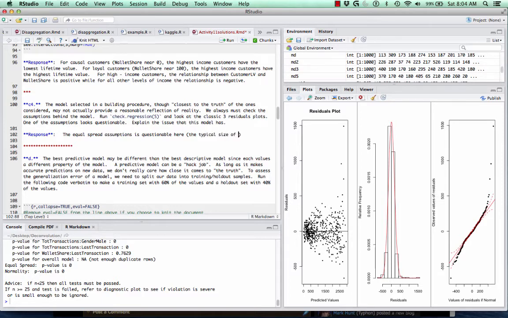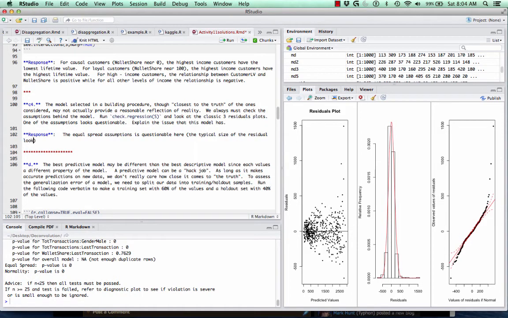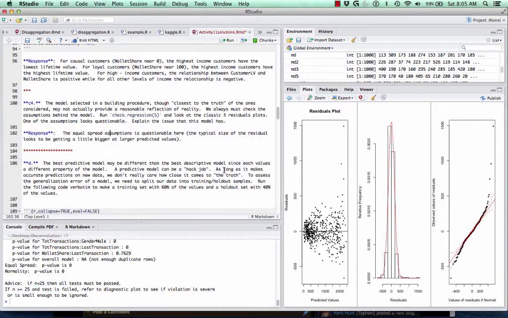The typical size of the residual looks to be getting a little bigger at larger predicted values. So maybe that's an issue for the model, but it's not a huge effect. If we were to delete a few of these points up at the top and the bottom, then roughly it would look about the same everywhere that we look, the vertical spread in the thickness of the residuals band. So I'd probably be comfortable using this model, but it definitely has some minor issues.